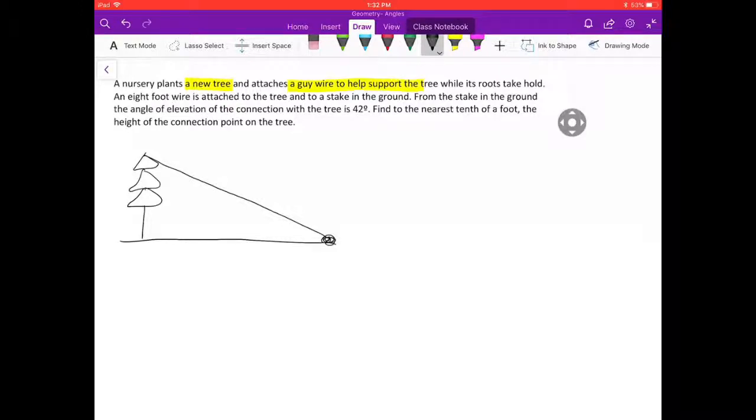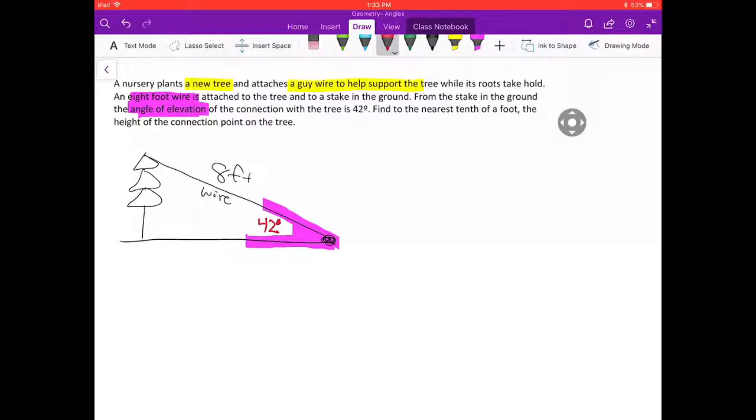Now, we know that it is an 8-foot wire, so the wire itself that's right here is going to be 8 feet, and it talks about the angle of elevation. So the angle of elevation for any picture is always going to be where the horizontal line goes up. So this right here is our angle of elevation, and that here is going to be 42 degrees.